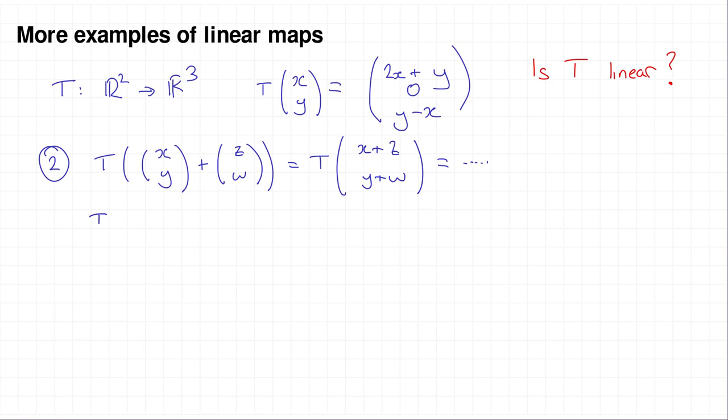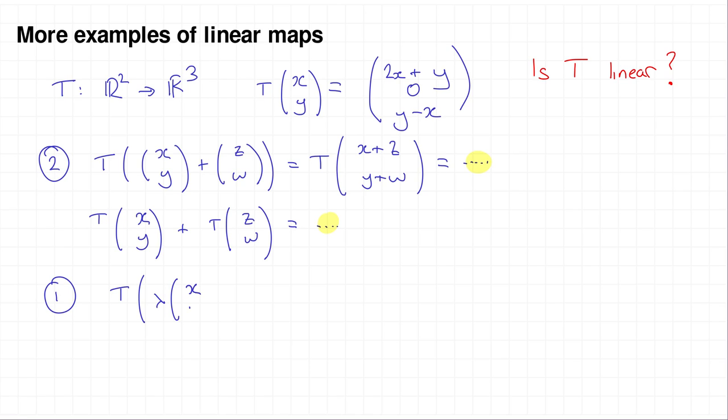And you need to know, is this equal to T of (x, y), which you can get from the definition, plus T of (z, w). So you need to know, is it true that this thing and this thing are always equal, no matter what x and y and z and w are? They always equal?